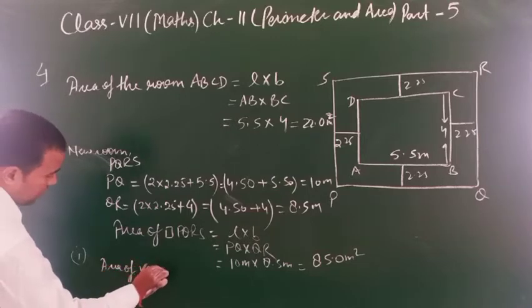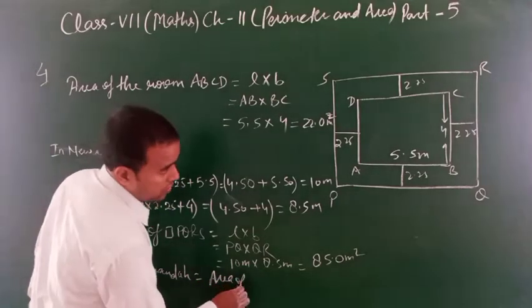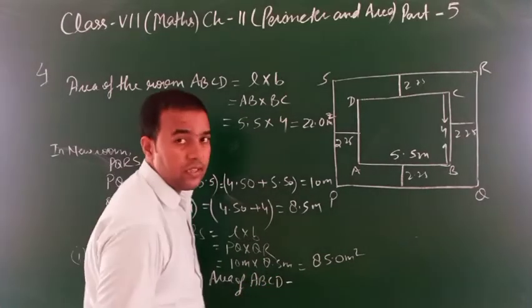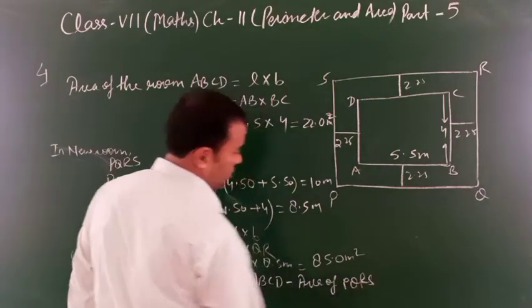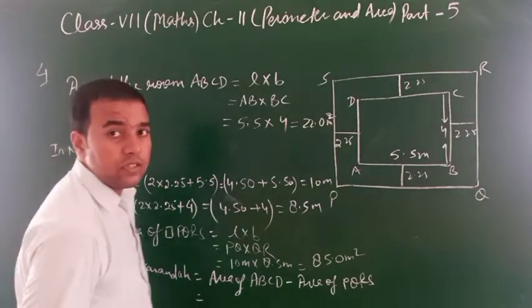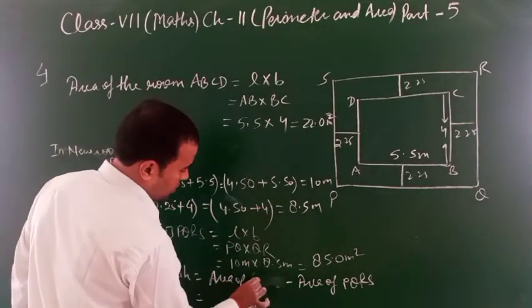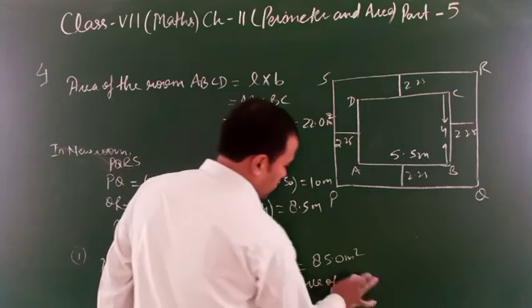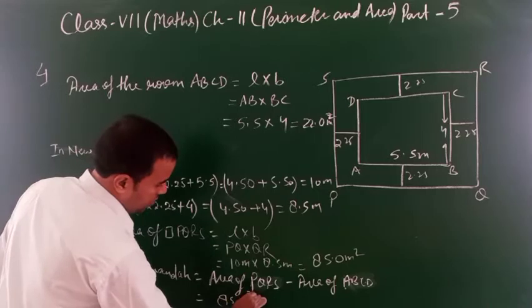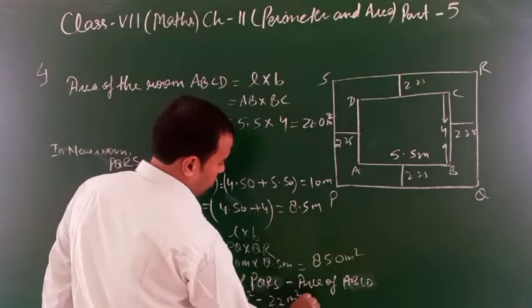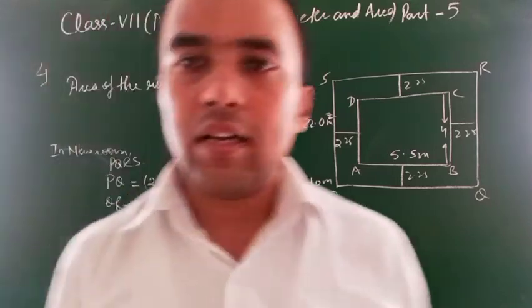Area of veranda equal to area of PQRS minus area of ABCD, 85 meter square minus 22 meter square equal to 63. Means area of veranda is 63 meters.